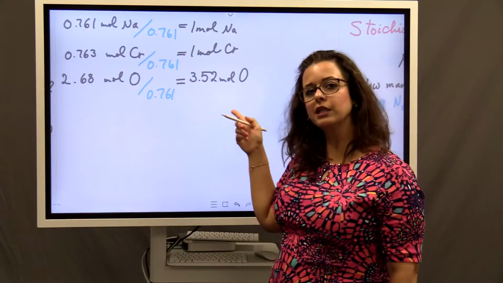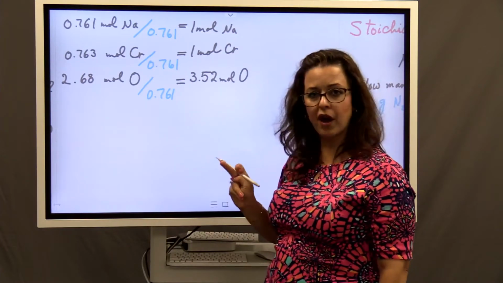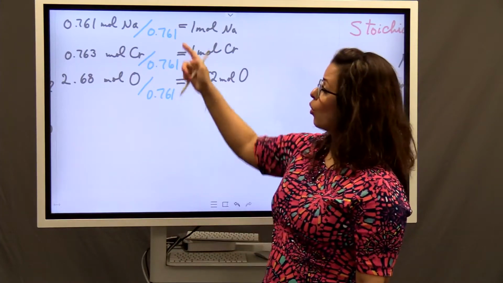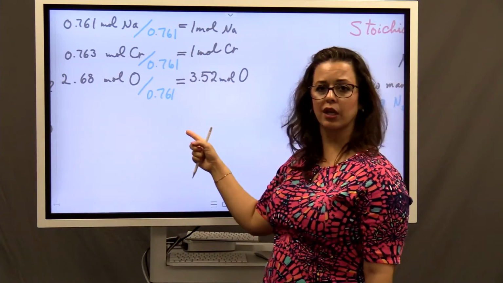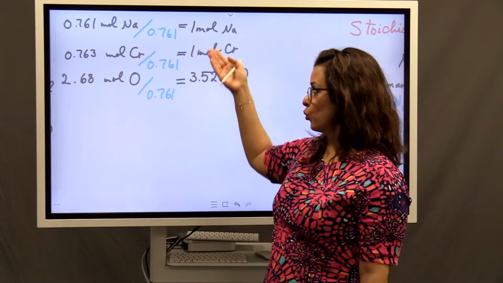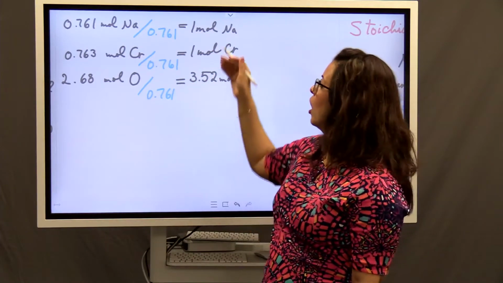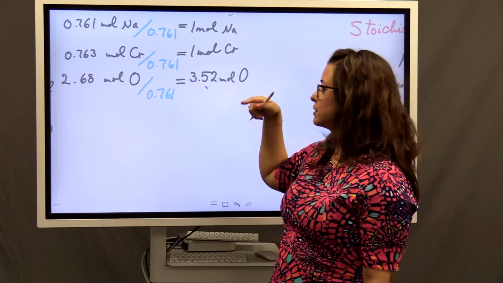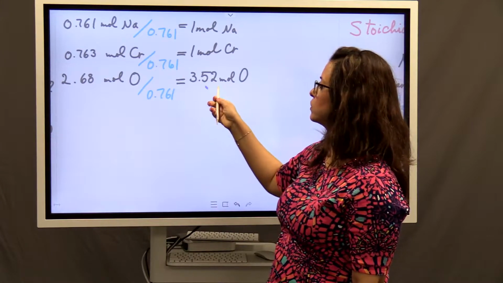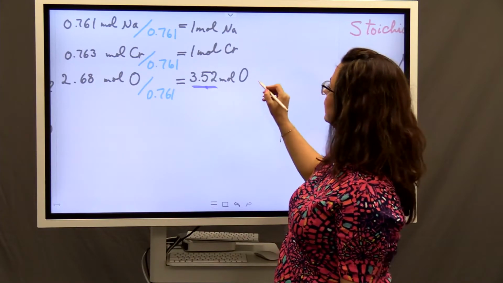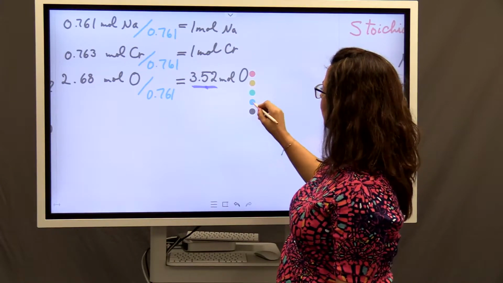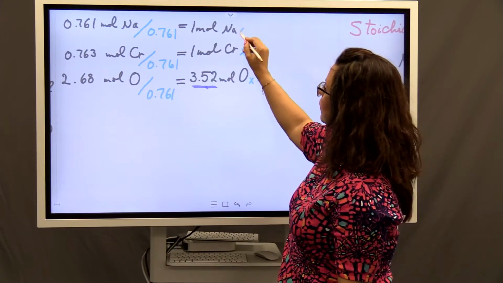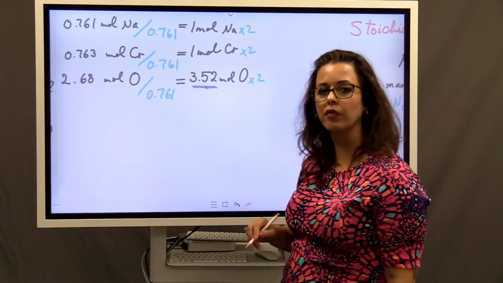The only thing that needs to be modified again is the number of oxygens, which is still not a whole number. You already did your division, so this time you need to multiply by a number that changes this number to the smallest whole number closest to it. What is it? It's 2. So don't forget to apply this on all of them.